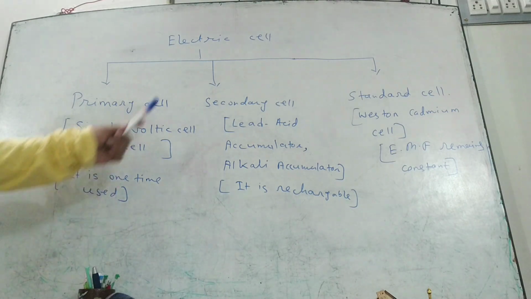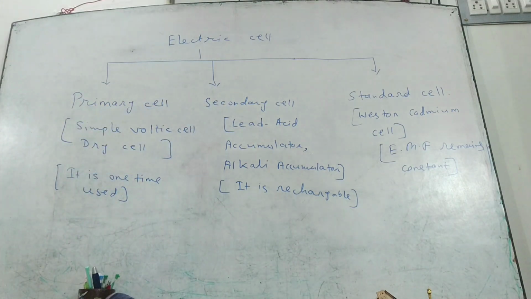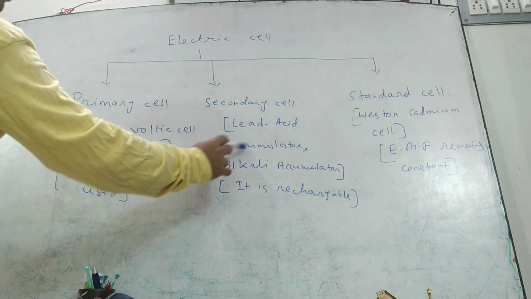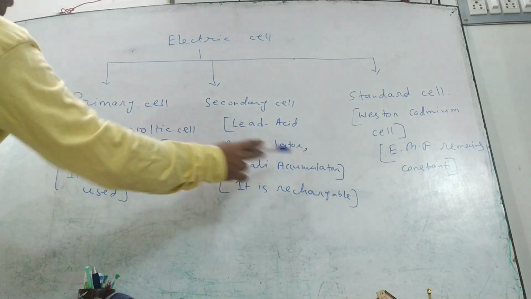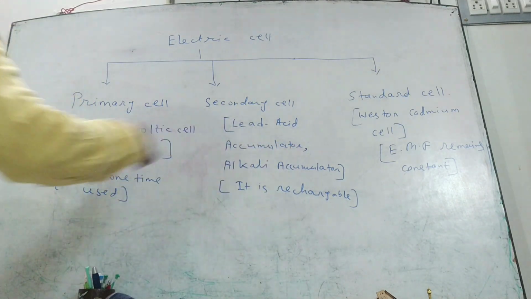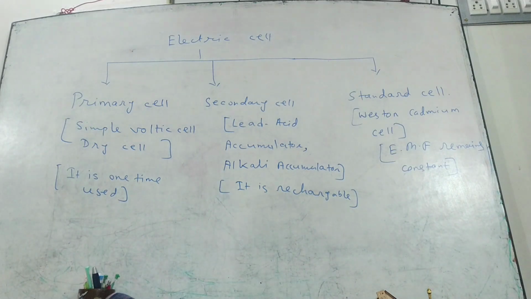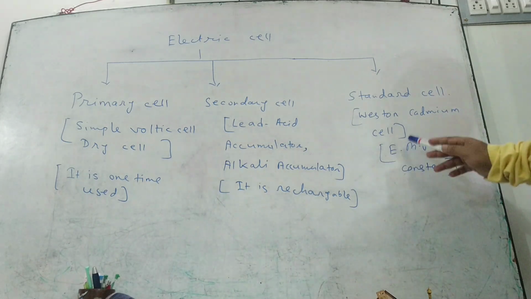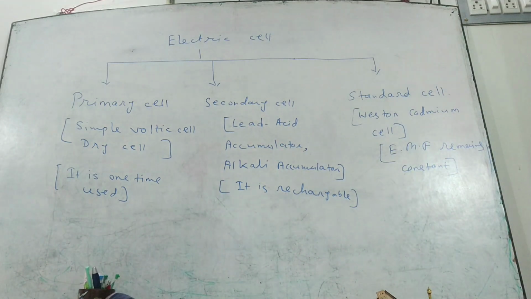Secondary cells are lead acid accumulator and alkali accumulator, and the alkali accumulator is also known as Edison cell because Thomas Alva Edison discovered it. An example of a standard cell is the Weston cadmium cell, and the EMF of a standard cell always remains constant.